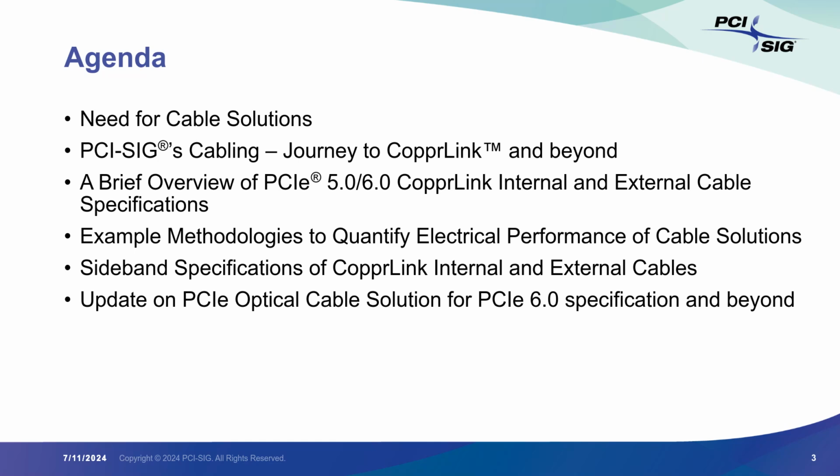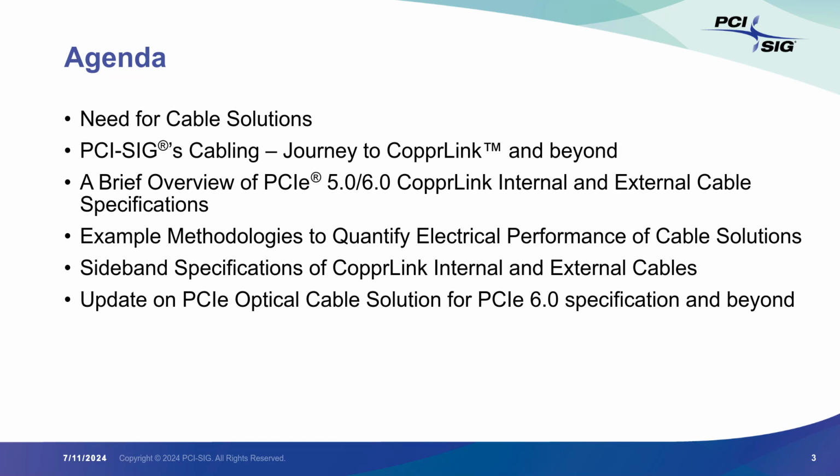Thank you, Kevin. On today's webinar, we're going to talk about the motivation or need for cable solutions in PCIe applications. We're going to talk about PCI-SIG's journey to CopperLink, which will force us to look back through older cabling efforts that have taken place and some that are still going on in PCI-SIG today.